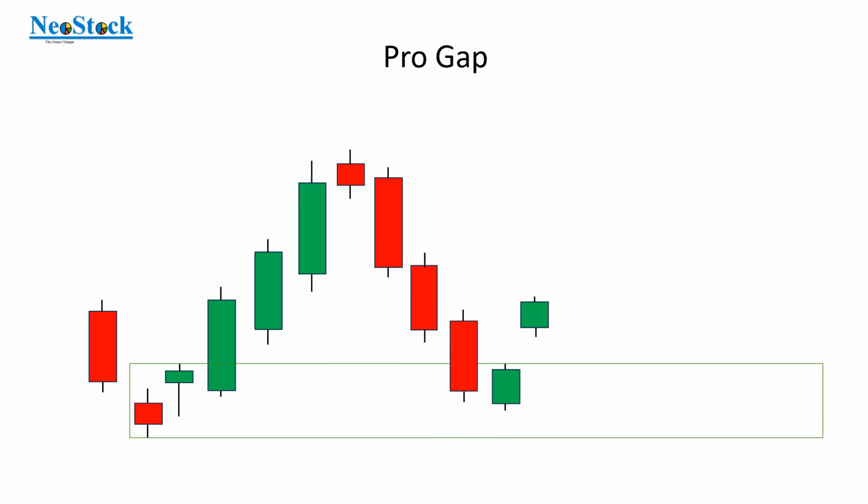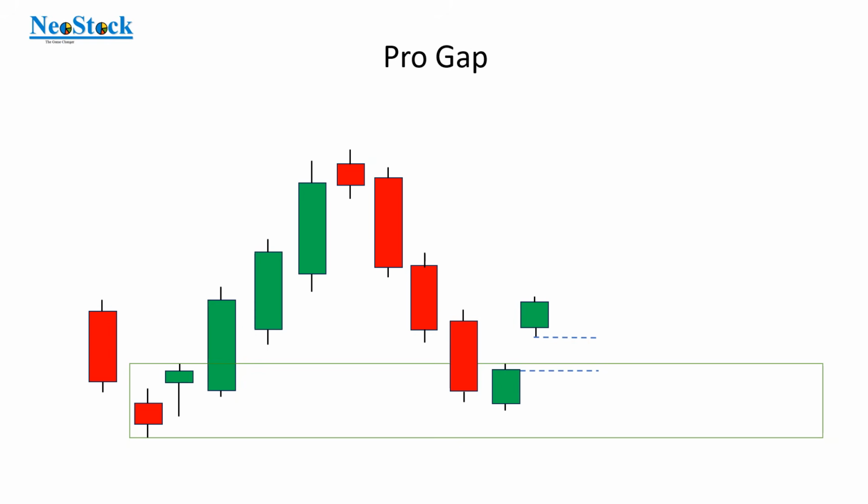Such gaps are called professional gaps, because this gap is created by the institutions placing new orders. The existing pending orders and new orders together pushed the price up. That's why we call such gaps professional gaps.